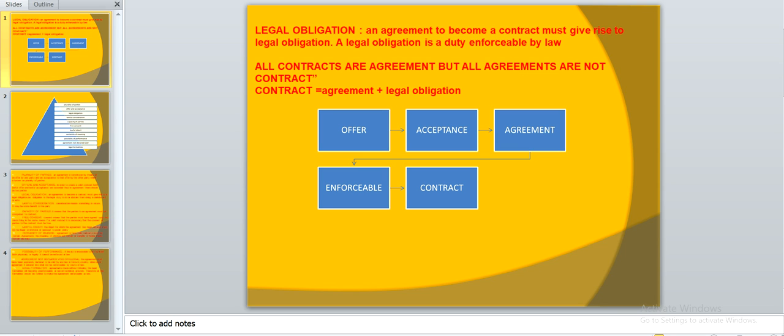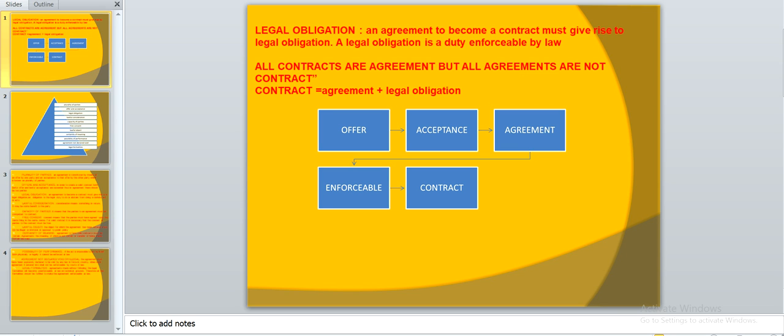Okay, we'll see there is a statement that all contracts are agreements but all agreements are not contracts. We know that we can form n number of agreements, but all those agreements are not going to form a contract. So we can clearly see that agreement is a wider term compared to a contract.